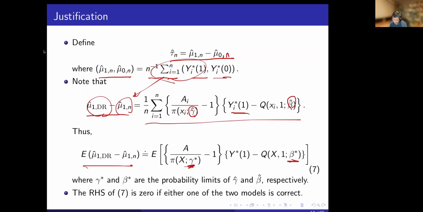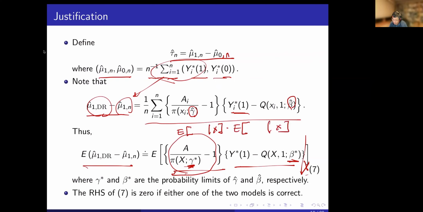And then if you take the conditional expectation given x, these two are conditionally independent. So you can get the conditional expectation of the first term given x times the conditional expectation of the second term given x.